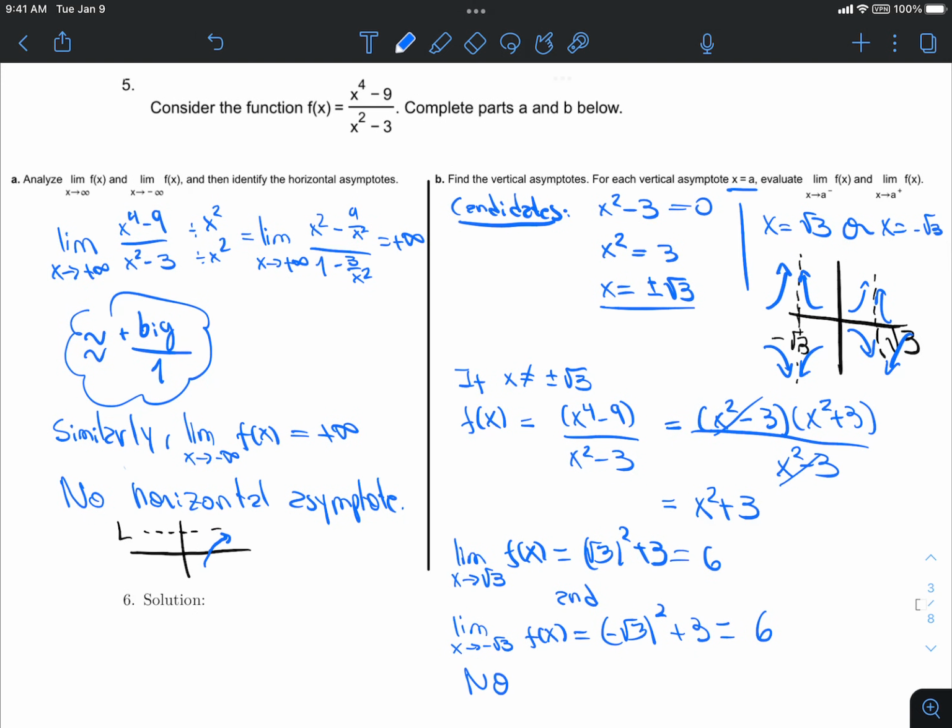So there's no vertical asymptote either, because none of these four possibilities occurs.